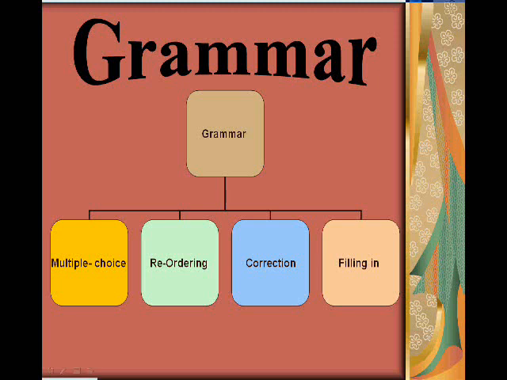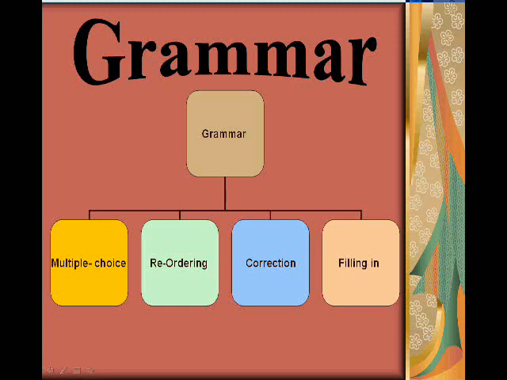So we have multiple choice questions. They are only 5 sentences, and you are to choose the most suitable answer. And then we have reordering, also 5 questions, and they are sentences with jumbled words, and what you should do is arrange these words to form a correct sentence.